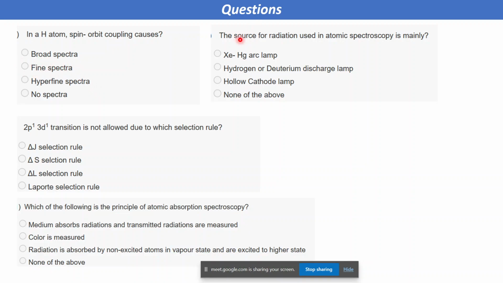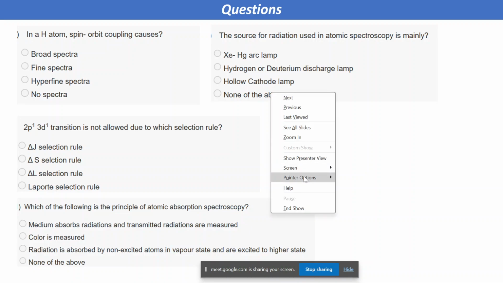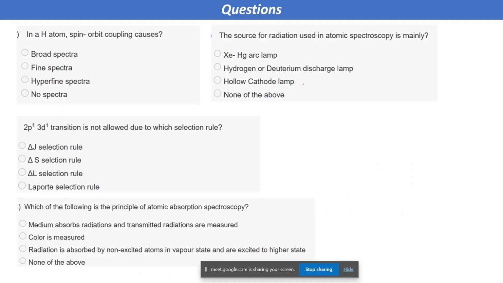Now, the source of radiation used in atomic spectroscopy is mainly deuterium, hydrogen, hollow cathode, xenon, mercury arc lamp, or none of the above. So which radiation is used in atomic spectroscopy? It is the hollow cathode lamp.